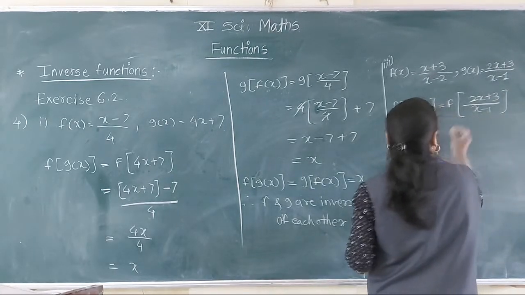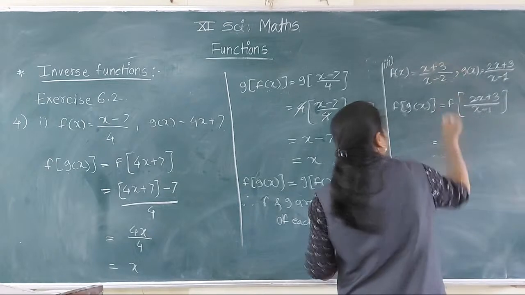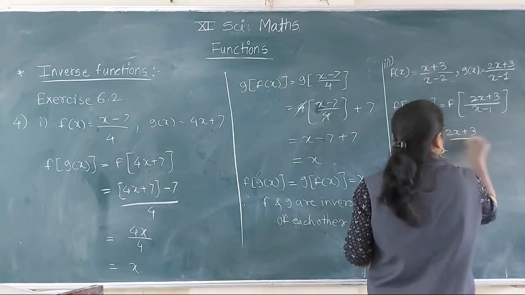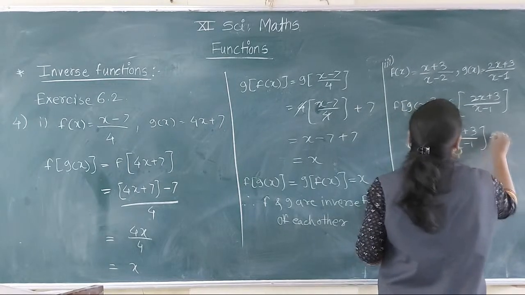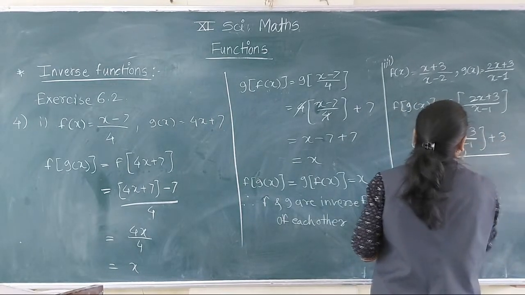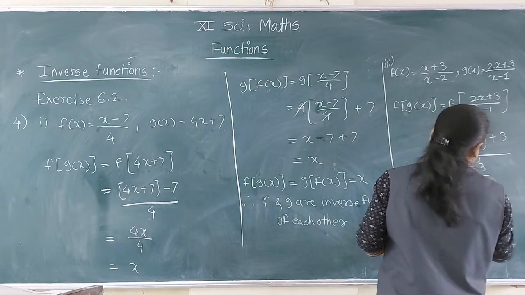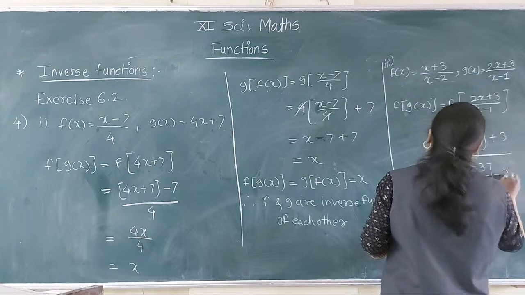So f हे फंक्शन काय आहे, जिथे जिथे x आहे तिथे तिथे काय पुट करायचं, 2x + 3 अपॉन x - 1 + 3 अपॉन 2x + 3 minus x upon x minus 1 minus 2.